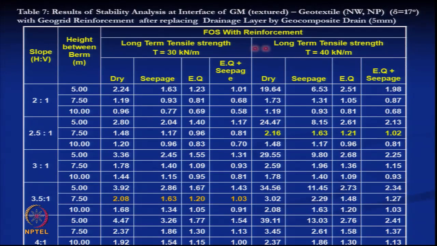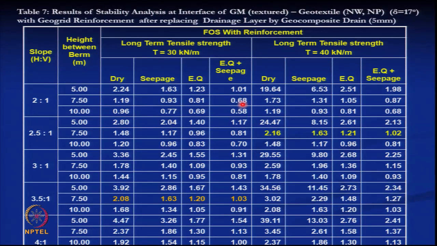Even if you take T to 40, nothing exciting happens. 1.19 goes to 1.73, good. 0.93 goes to 1.31, good, because we wanted 1.3. 0.81 goes to 1.05, okay.